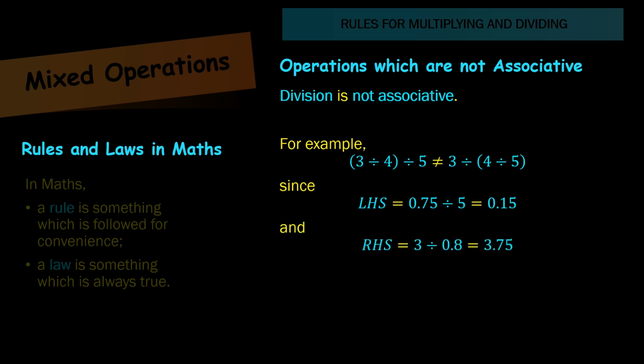And on the right-hand side, we have 3 divided by 0.8, which is 3.75. And clearly, the left-hand side and the right-hand side are not equal. Therefore, division is not associative.